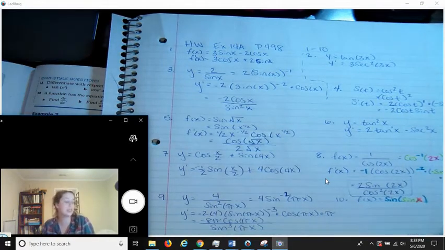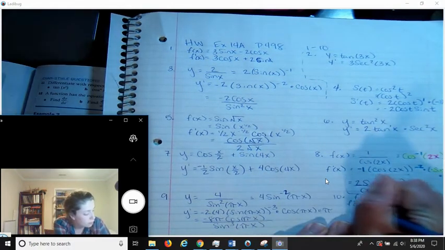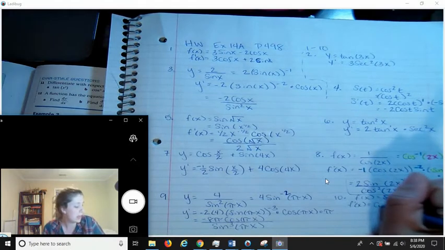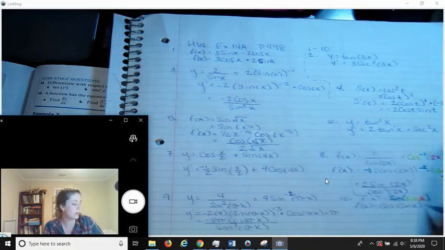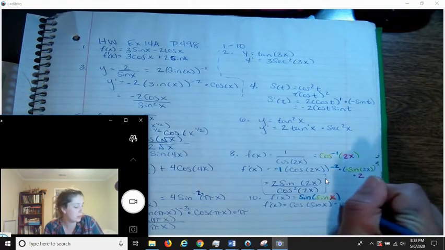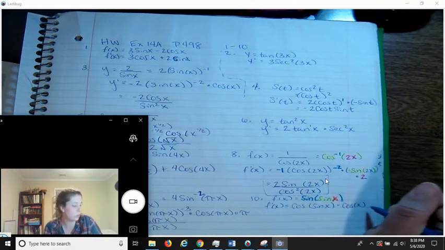First we take the derivative of the outside function. The derivative of sine is cosine. I keep the inside the same. Multiply by the derivative of the middle piece, which is cosine. And then the derivative of x is just 1.